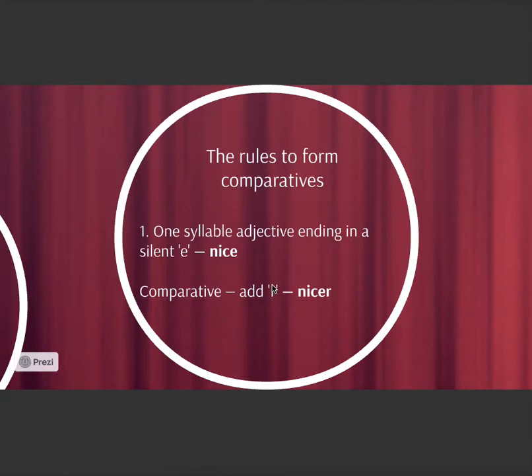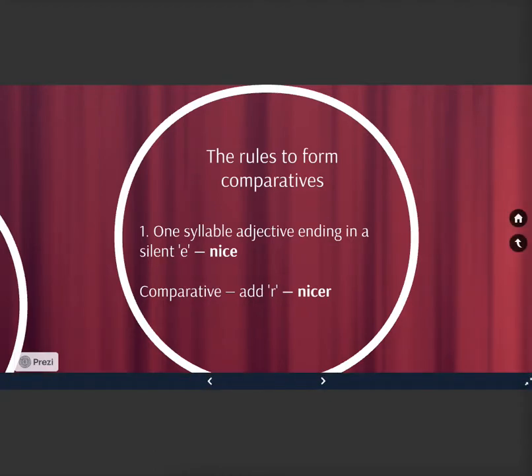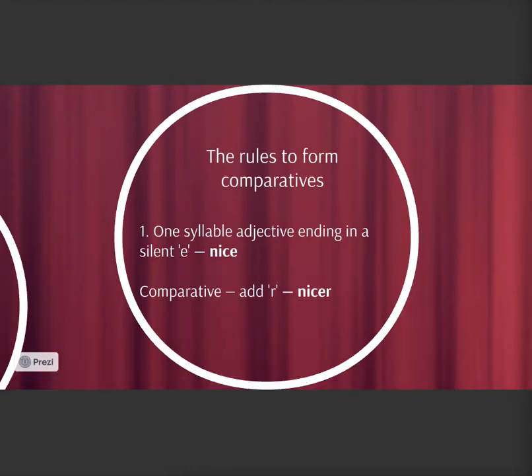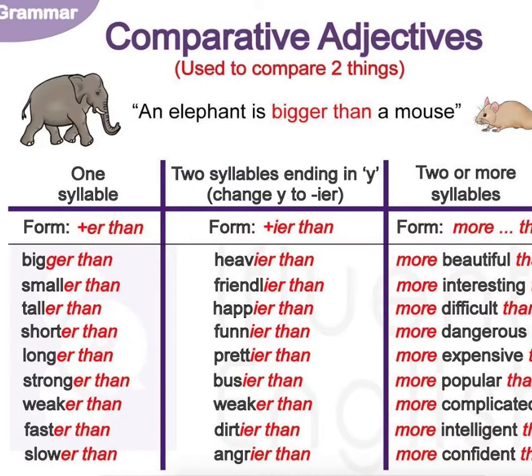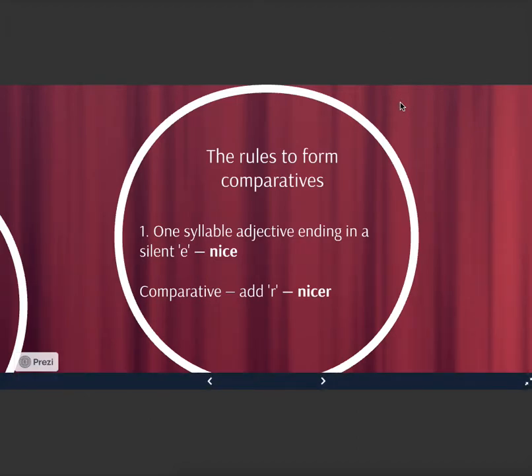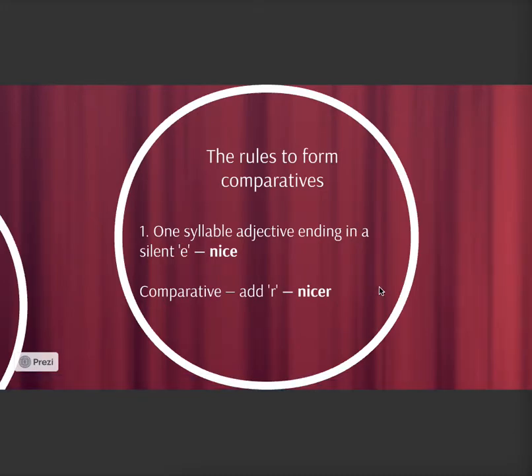Okay? Questions about this rule? Okay. So that's one of the rules. If you have 1 syllable adjective ending in e, you just have to add r. For example, nicer. You can say, Maria is nicer than Paola. What is the meaning of nice? What is the meaning of that adjective? Who can tell me?